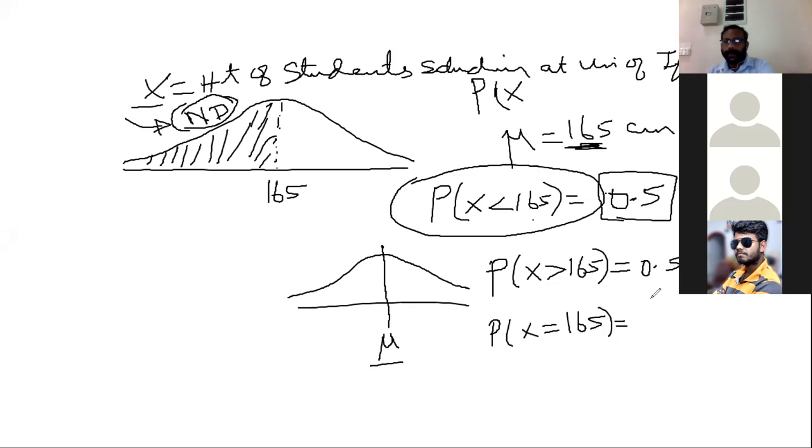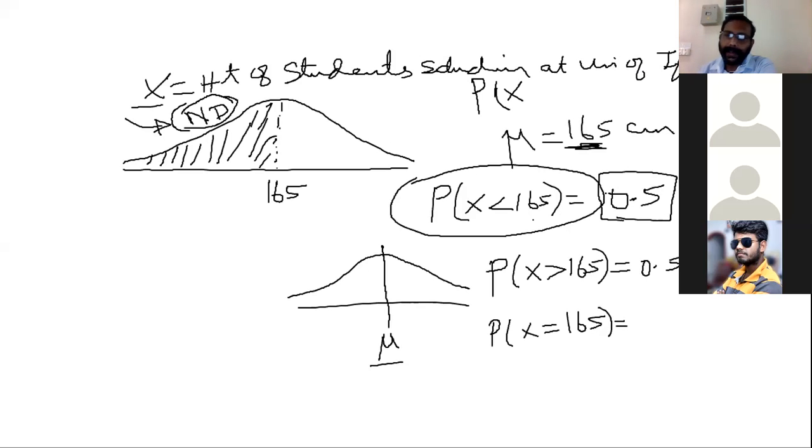Guess what would be the answer? Because we already said the probability is based on the area, isn't it? Now tell me, what is the area for x equal 165? Is there any defined area? If there's a defined area, what is the area? Anyone? You can answer. 0. Yes, good.